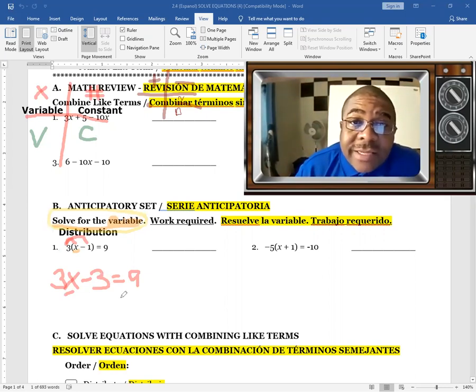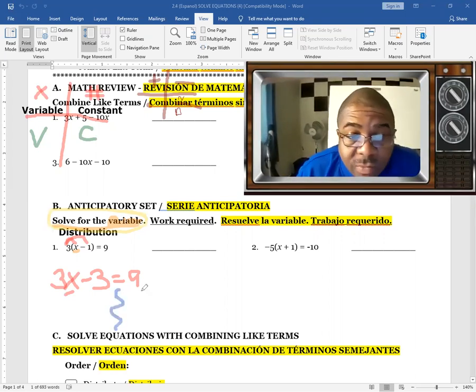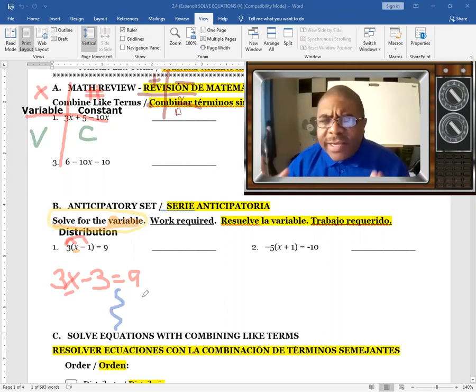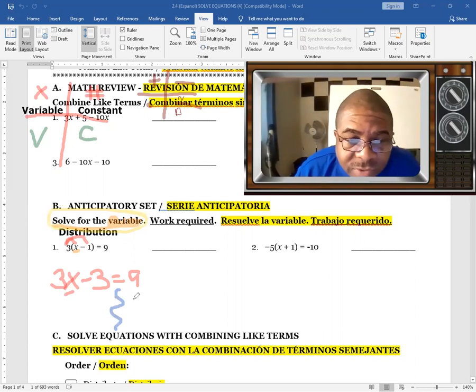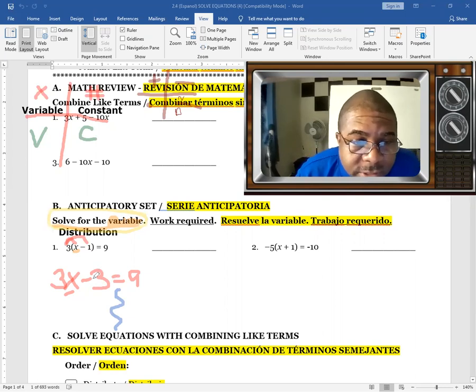Well, we need to get x on one side of the equal sign, and whatever number x represents on the other side of this river. I call the equal sign a river. So let's move things across the river. Across the river and through the woods. All right, so look, we have 3x minus 3 equals 9.